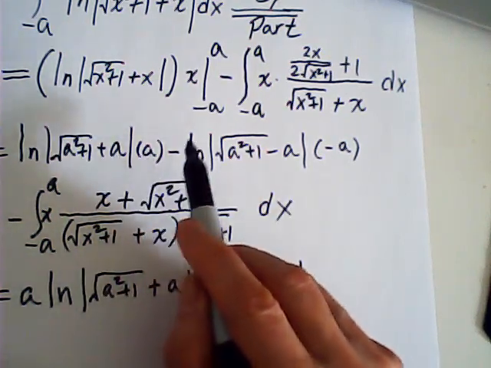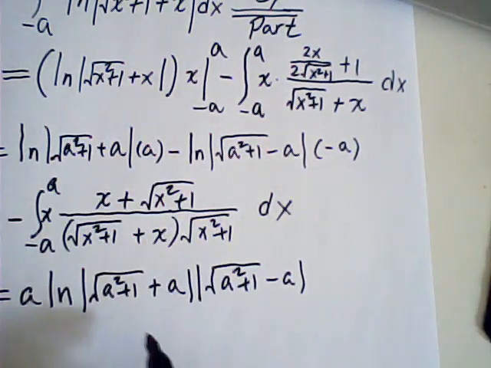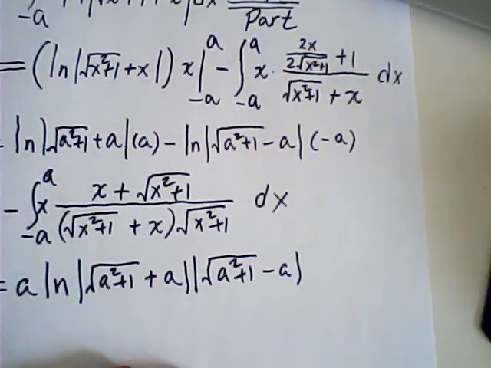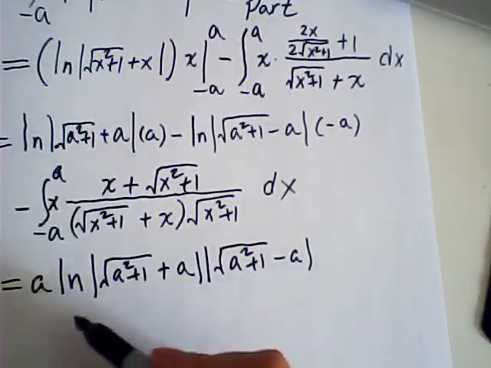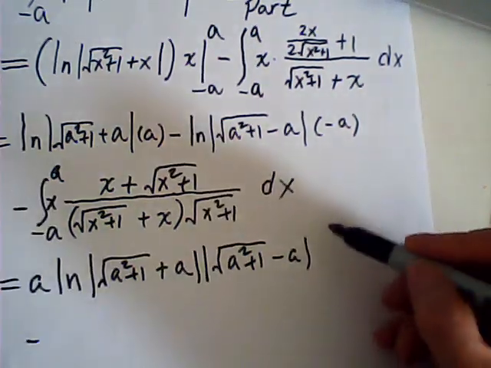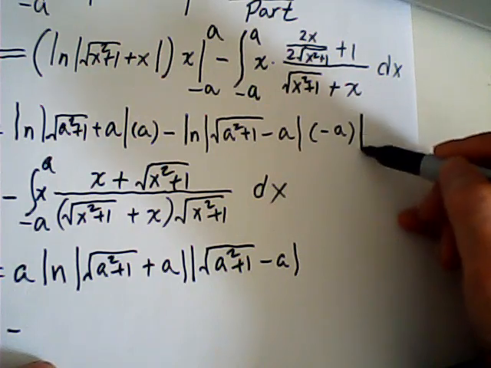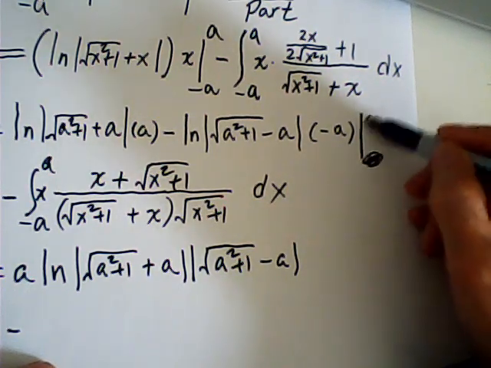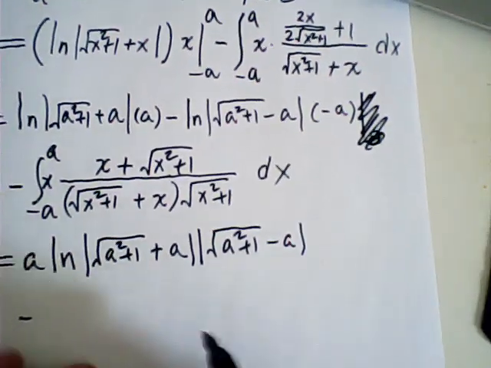Log a plus log b equals log of a times b. Now, I forgot to take a negative a. No, this has already been taken. No, I don't need it.